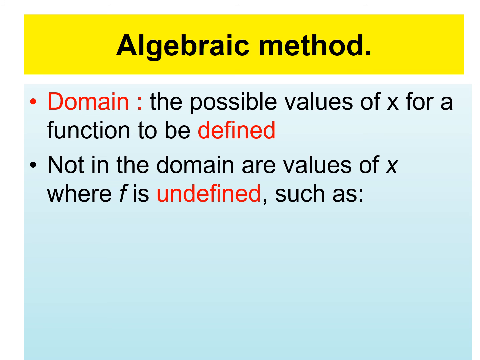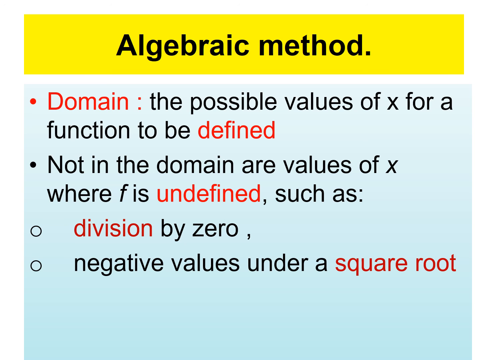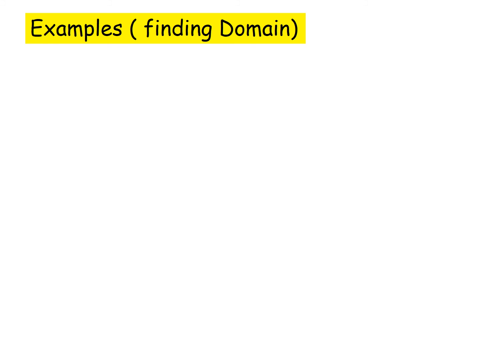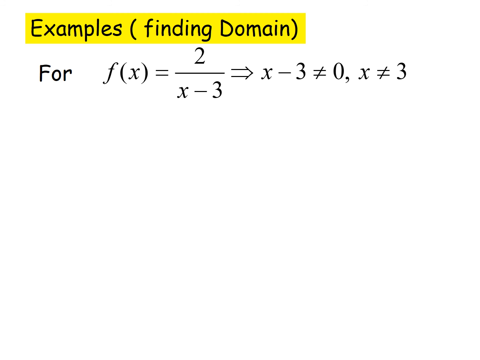Not in the domain are values of x where f is undefined, such as division by 0, negative values under a square root, and log of 0 and negative values. For example, to find the domain for f(x) equals 2 over x minus 3, the denominator cannot be 0, so x minus 3 does not equal 0, which gives x does not equal 3.